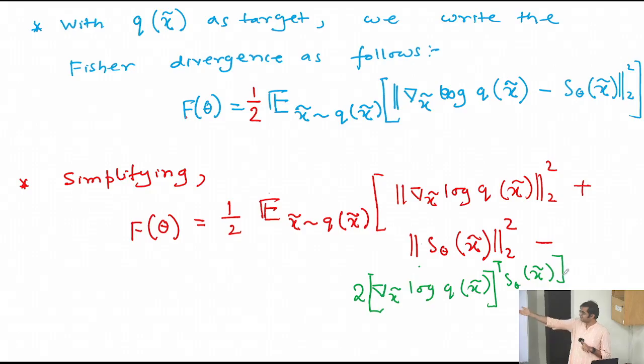It is still there in some sense, but we will only work with the green term, but not only with the green term, along with the expectation, because the expectation is additive, it will go inside, right? It will be expectation of the first term plus expectation of the second term minus expectation of the third term. We will only work with the expectation of the third term. Clear? So we will only focus on that.